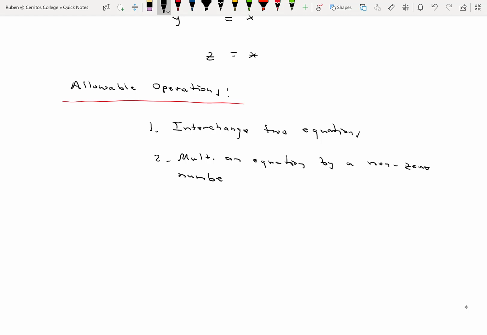Pretty clear that that's not going to change the solution to the equation. If you multiply both sides of an equation by a non-zero number, you don't change the solution. We learn that in elementary algebra.